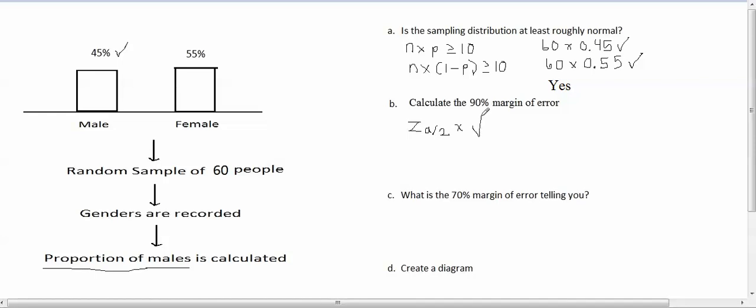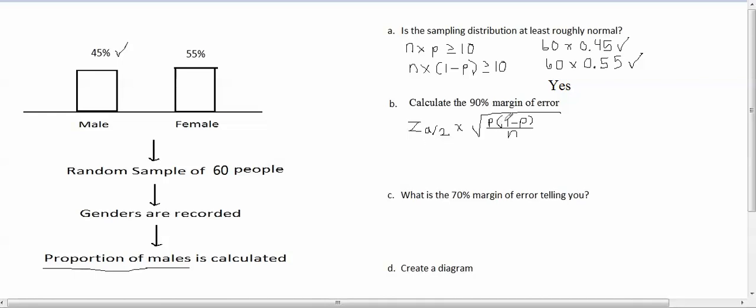That formula is the confidence coefficient z times the standard error of a sample proportion, which is the square root of p times 1 minus p over n. So we're still multiplying the confidence coefficient by a standard error, but it's just a different standard error. It's the standard error of a sample proportion.